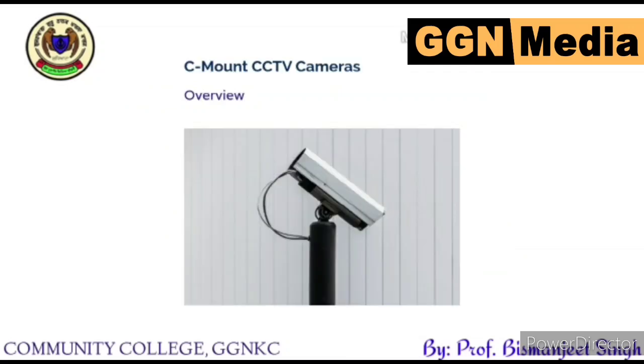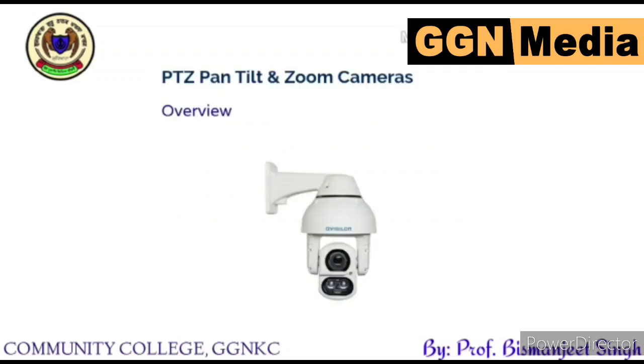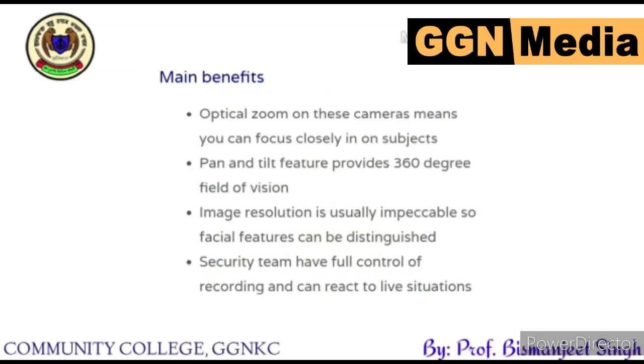These are the C-mount CCTV cameras. Special lenses can be fitted to the camera. These are the PTZ, pan, tilt and zoom cameras. They also provide a 360-degree field of vision.